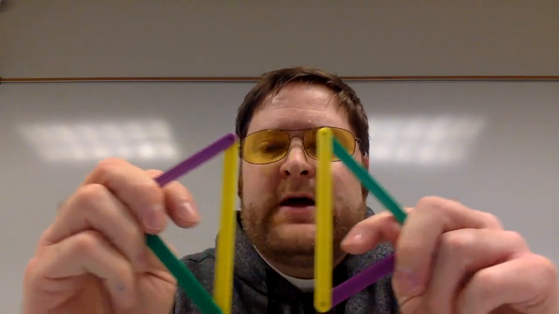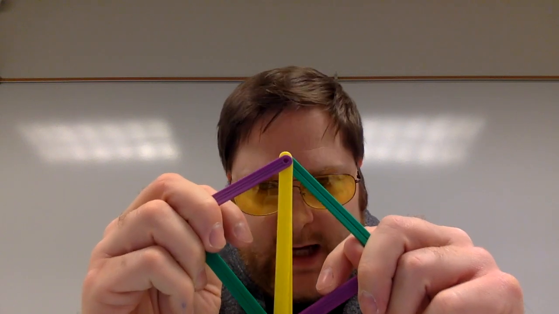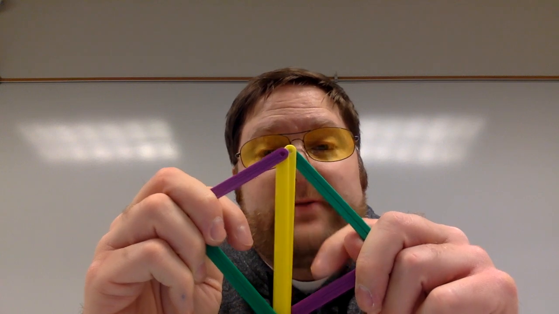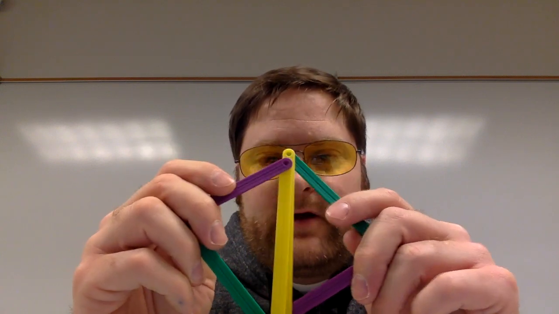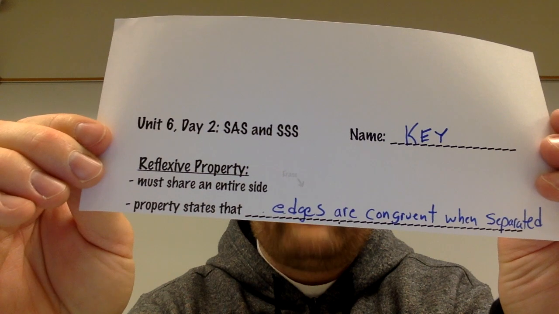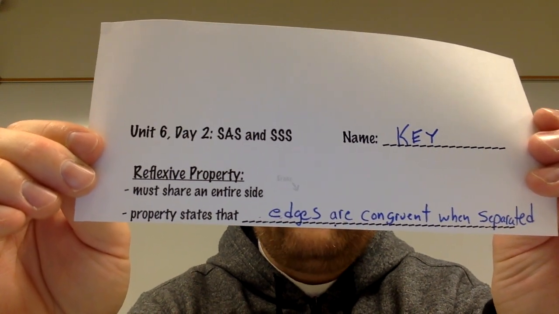So what you're going to be doing on your paper is anytime you see two sides that are connected, they're in fact congruent to each other, so you can put identical tick marks right there on the yellow side. So, what does that mean? Well, for your notes, you're going to write that the reflexive property states that edges are congruent when they're separated.